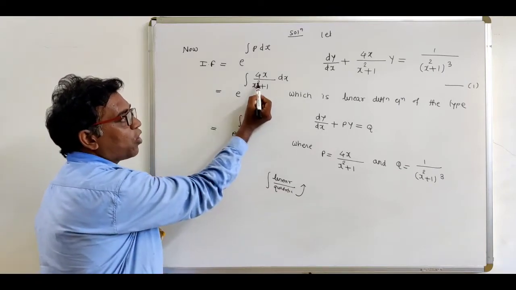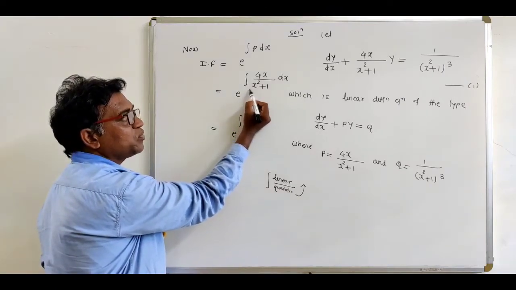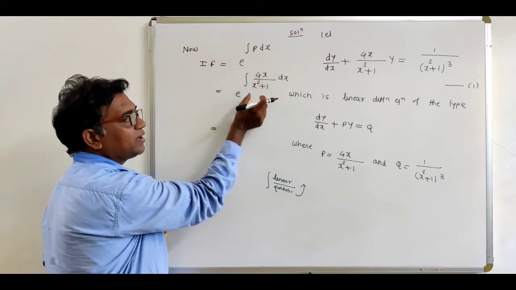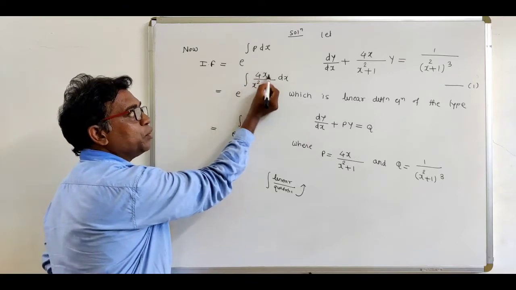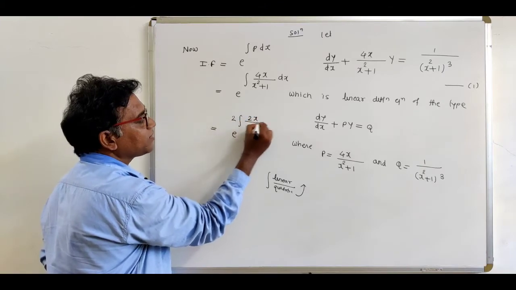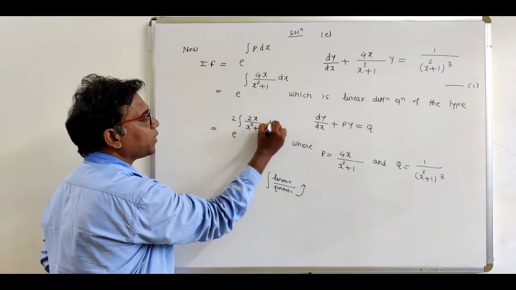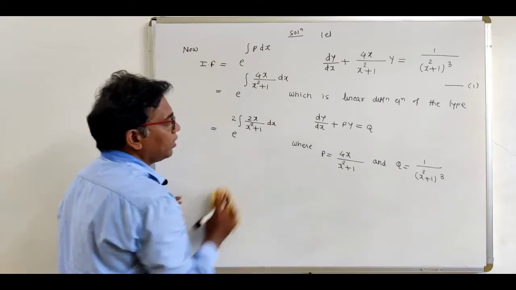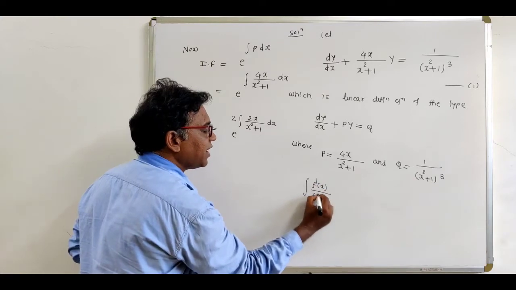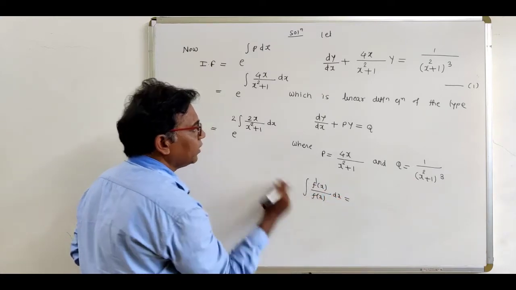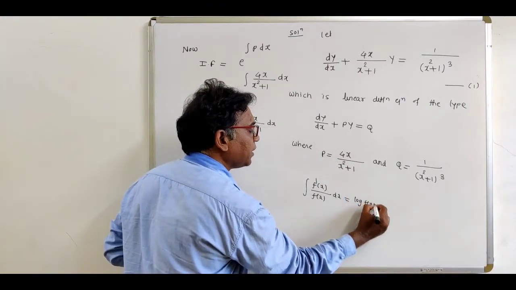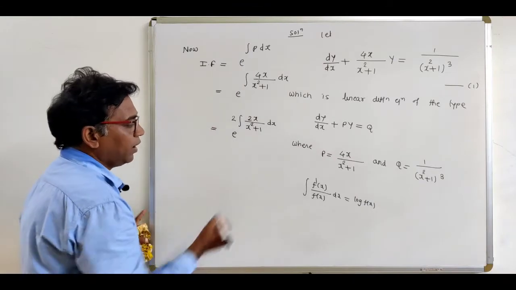What is the derivative of the denominator? The derivative of x square is 2x, and the derivative of a constant is 0. So the derivative of the denominator is 2x. Adjust this 2x in the numerator. Take 2 outside and write 2x divided by x square plus 1 dx. This is our required form, f dash x divided by f x. The integral of f dash x upon f x is given by log f x.